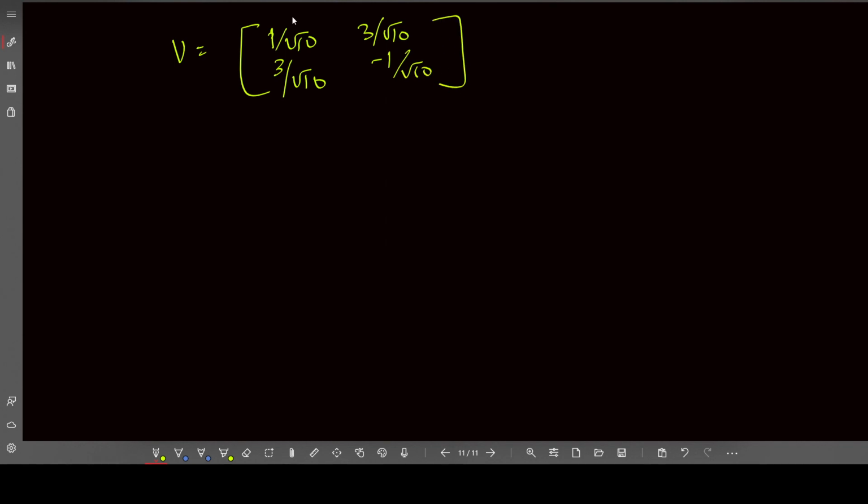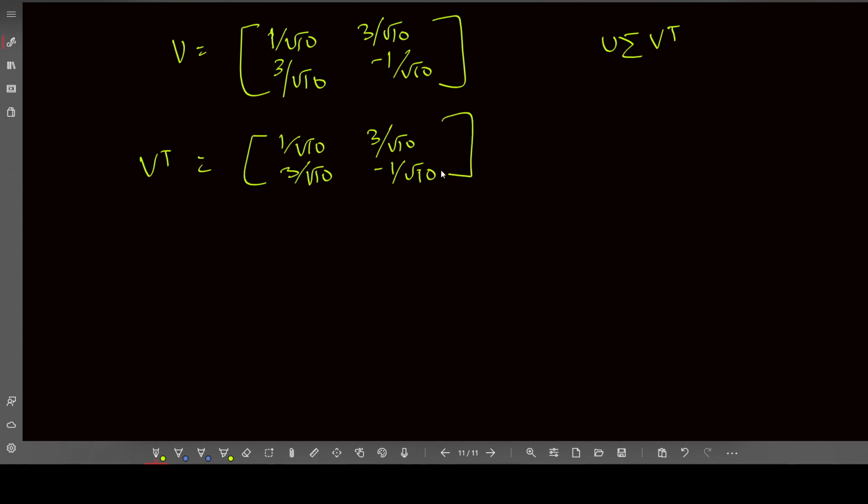We found this. The orthonormalized vector is actually the vector V, but in SVD we have U sigma and V transpose. So you just have to take the transpose of this matrix. V transpose is basically just switching these two. So 1 by under root 10, 3 by under root 10, 3 by under root 10, and minus 1 by under root 10, right? So in this case, it doesn't change. You have V equal to V transpose in this case.